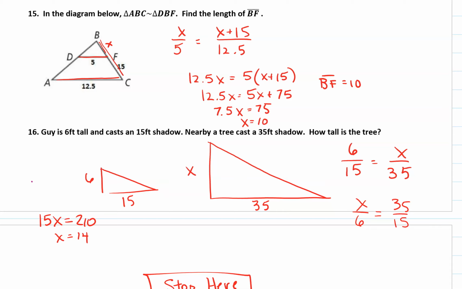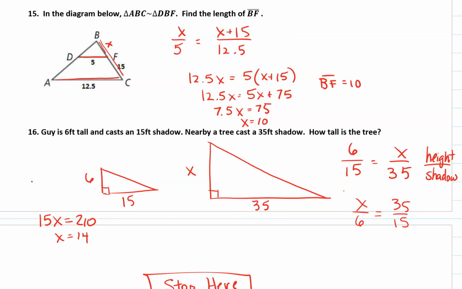Then we have the shadow problem. Again, we're establishing similar triangles. These would be right angles, and if we have similar sides, then they're similar by side, angle, side. So there are 2 ways you could do height. You could think of it as height over shadow equals height over shadow.